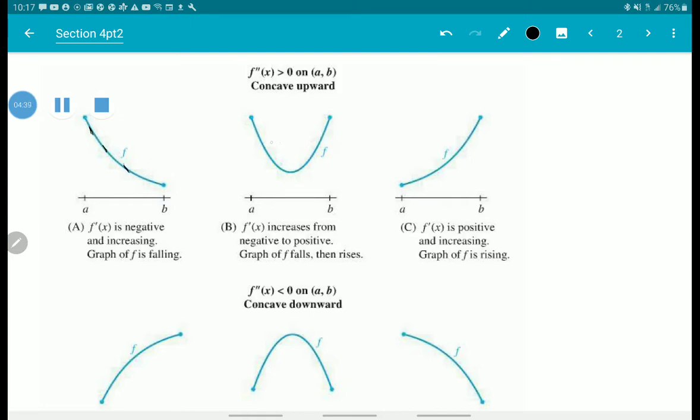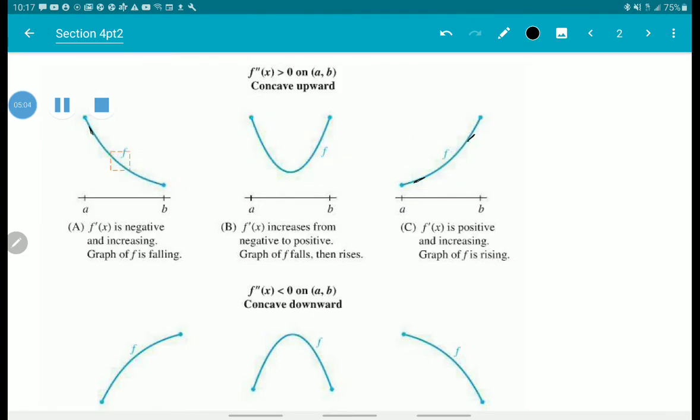Here, still concave up, but we have negative slopes here, or horizontal slope here, and then positive slopes here. So that first derivative is going from negative to positive. We have some decreasing to increasing. And then we have f of x that's increasing, which means the first derivative is always positive, but this is going to be a concave up graph.